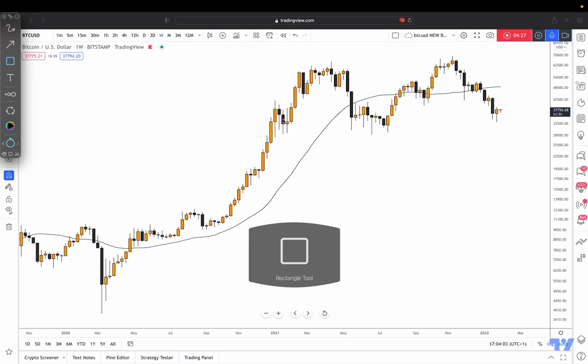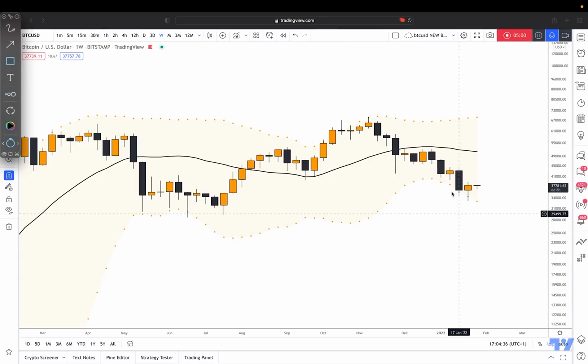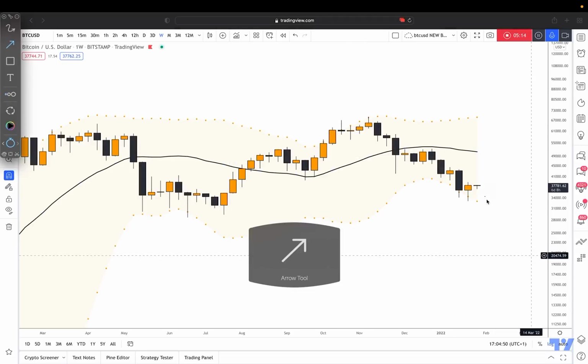This range-bound movement, box, rectangle, whatever you name that, classifies under this category. We have bounced off the lows of the volatility, right? The Bollinger Band's price action tells you basically the story of the 20-week moving average as the median, the main reference point, and 2 standard deviations added on top, and 2 standard deviations added in the bottom direction.